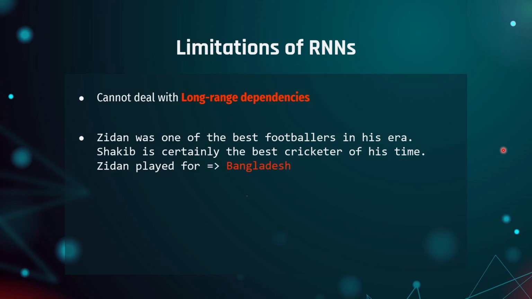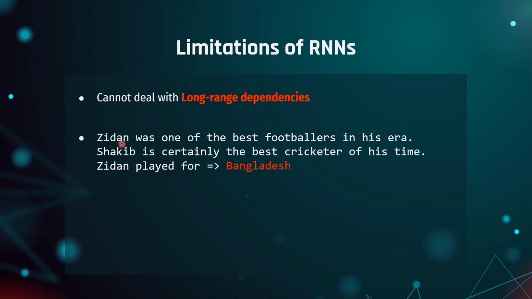Why is that? It is because very recently it has seen the word Shakib and cricketer, and we all know that a recurrent network, or seq to seq model in general, processes the texts sequentially.